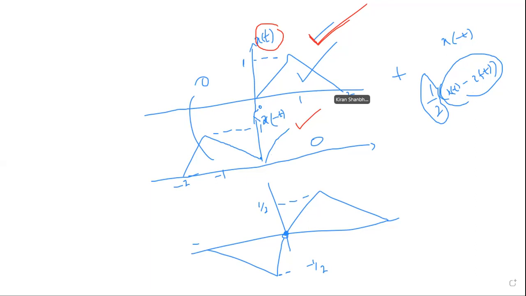Now let us see one discrete time example. Let me draw a signal here. Discrete time means only at discrete intervals. See, 1, 2, 3, 4.